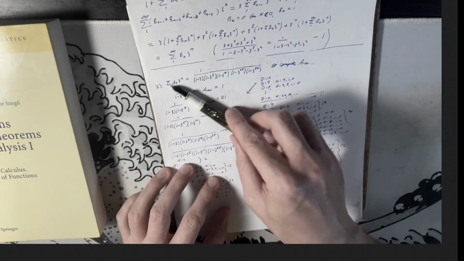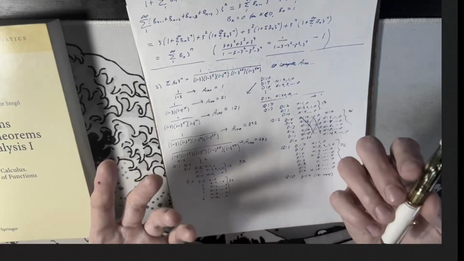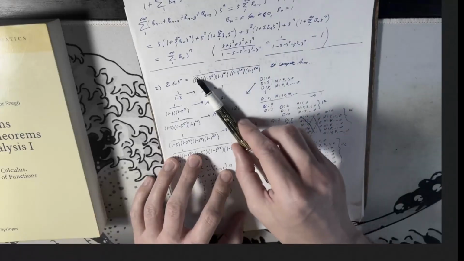It says, here's your infinite series. What would be its rational function representation? And this is it. That's what I was just talking about.